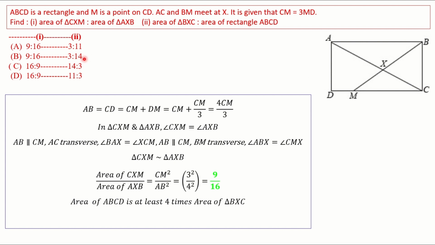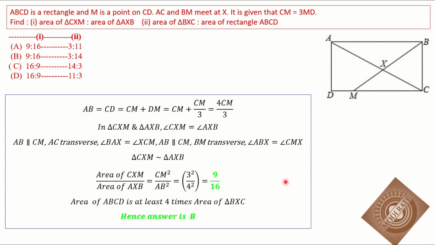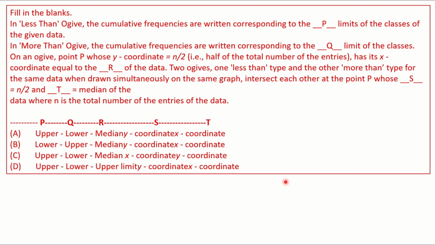So you can see the answer here is B. You don't need to do this further mathematically. Answer is B. Next. So this is a moderate question. You need to do a little analysis. Otherwise, you can solve it mathematically.